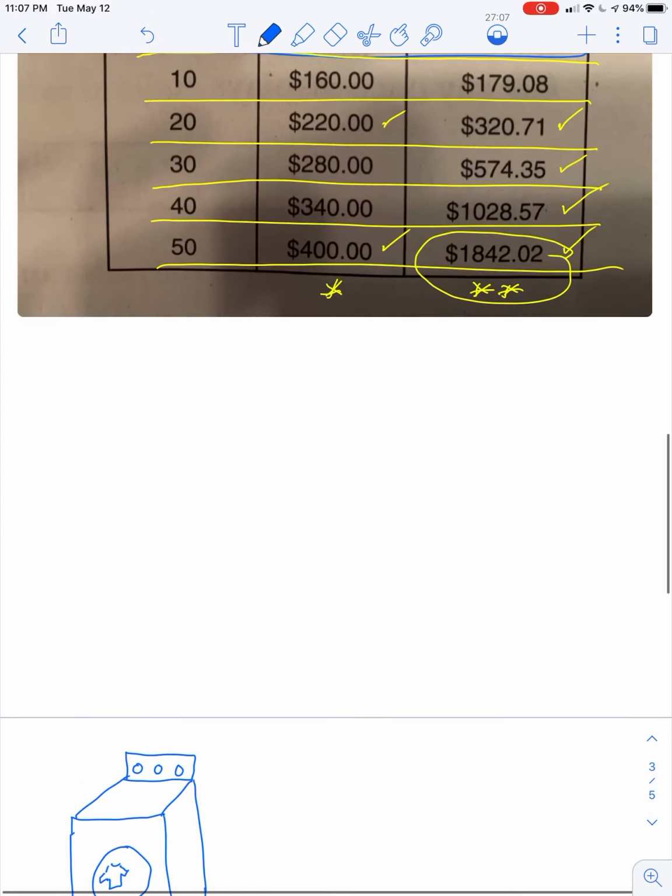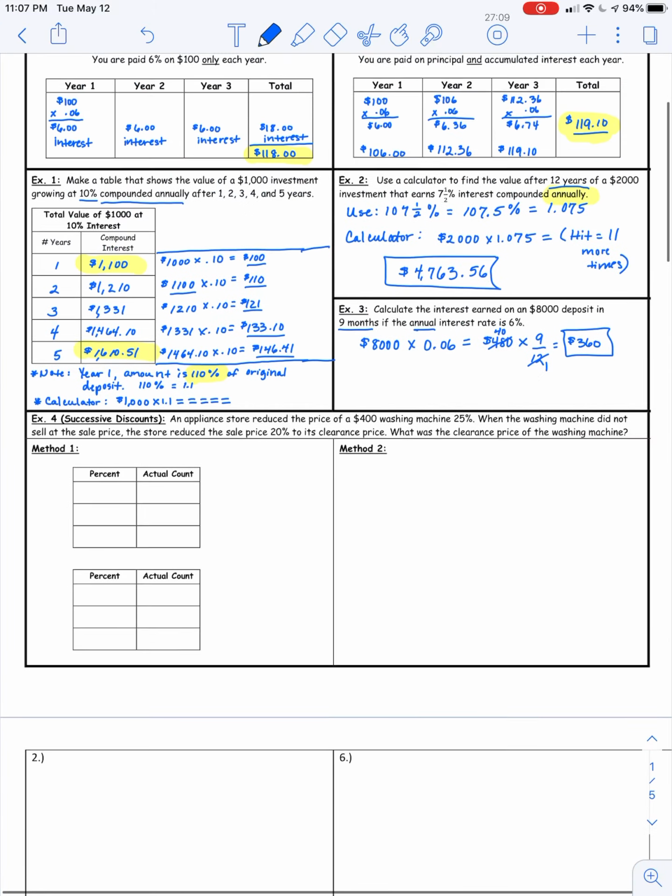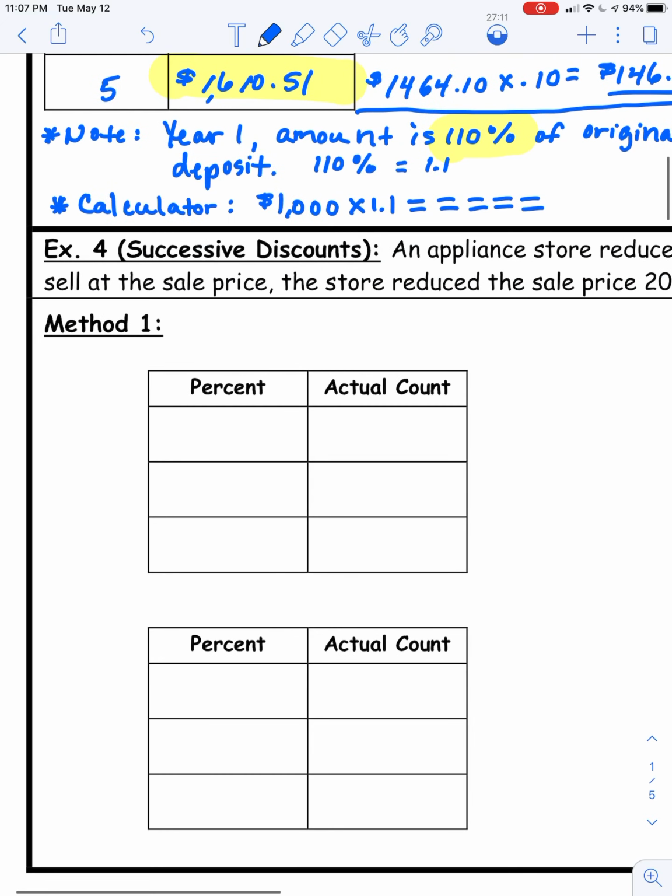So let's go up into our ratio box and fill that in up here. We always put the 100% up top. We start with the original price, which is $400. We always put our change right here, and in this case, it's going to be subtracting because it's a discounted amount of 25%.